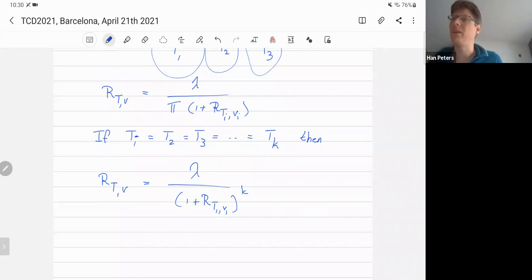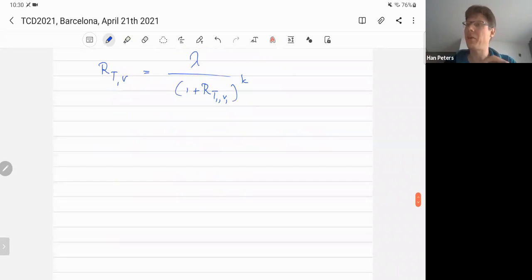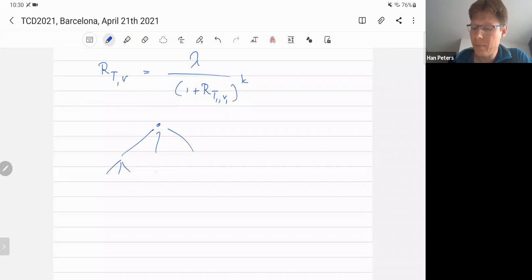And this already looks a lot like the rational function I started with today. So when does that rational function come up? It comes up when this property holds at every level of the tree. So imagine that you have a tree where at every level, except at the leaves, you have the same down degree. And all the leaves have the same distance to the top vertex.